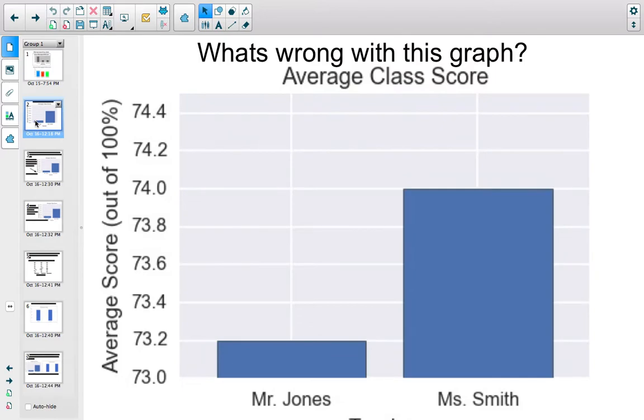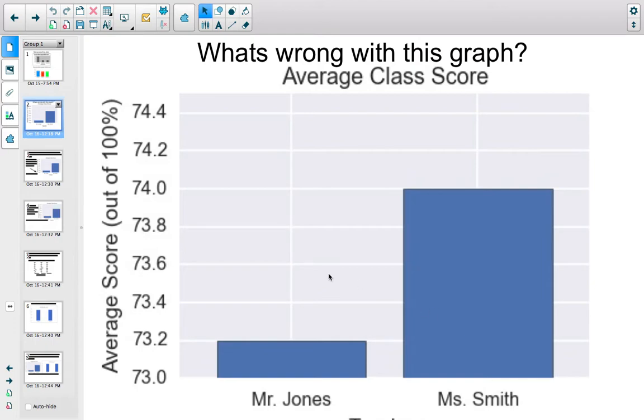So here we have another bar graph, and I'm asking the question, what is wrong with this graph based on the class? Well, we have the average score out of 100, and we have Mr. Jones's class and Mrs. Smith's class. Well, at first glance, it looks like Mrs. Smith's class is really smart and Mr. Jones's class is full of dum-dums.